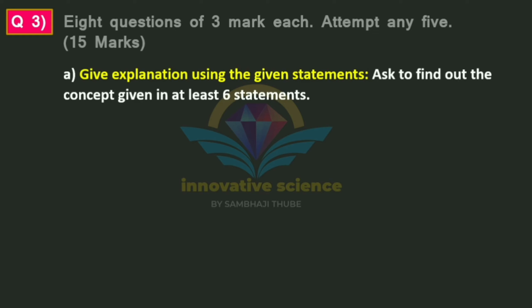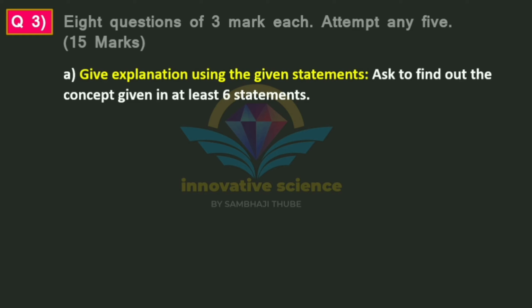That means you will be given statements. You have to find out the concept and hint which is in this statement. These statements can include some properties or characteristics of that concept.